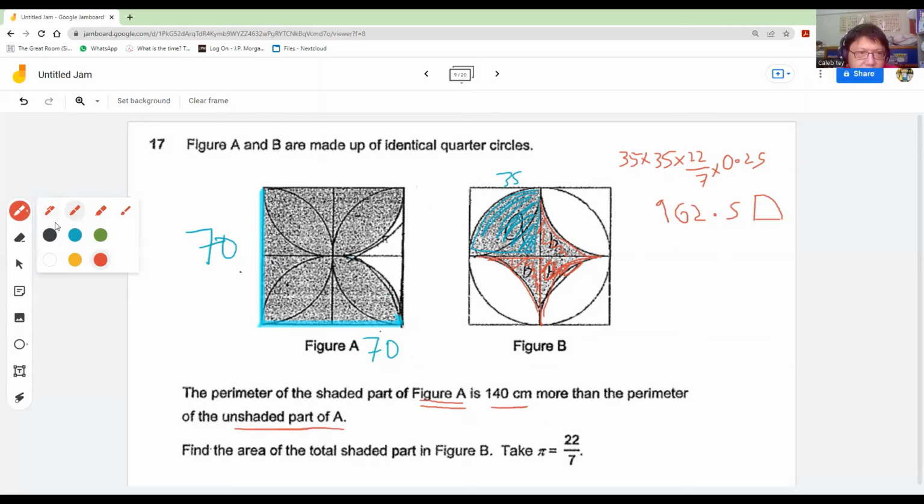Now, how to find the boomerang? The boomerang is simply take the square, minus the quarter circle, and that will give us the boomerang. Okay. So we need to find the square first, right? Square is just 35 times 35.